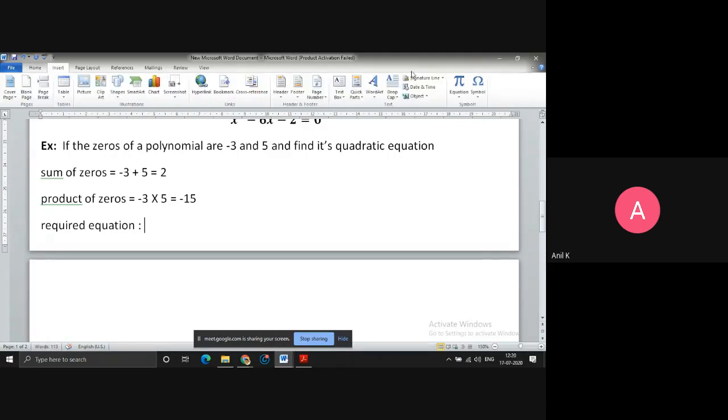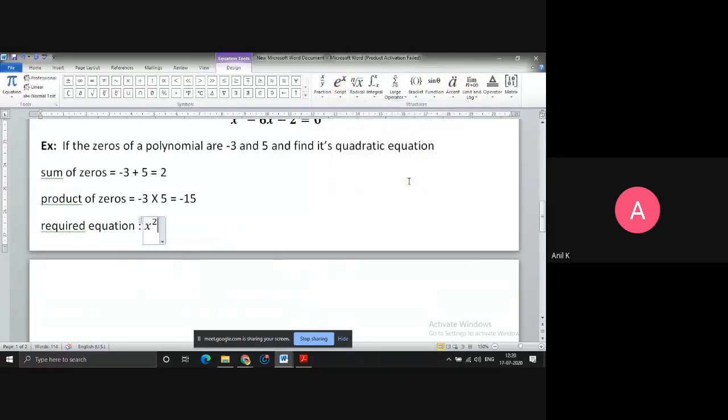Now I'll write the quadratic equation as, let me insert the equation. It's like x square minus bracket sum of the zeros into x plus product of zeros equals to 0. This was my formula.